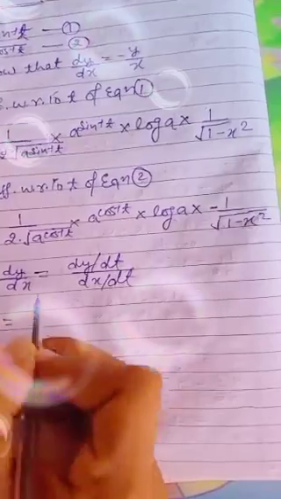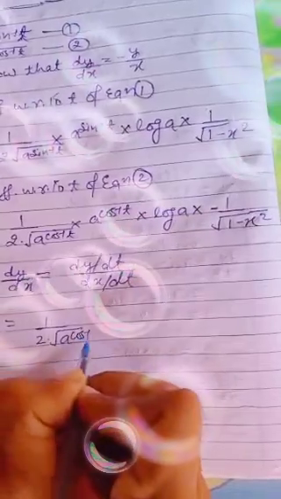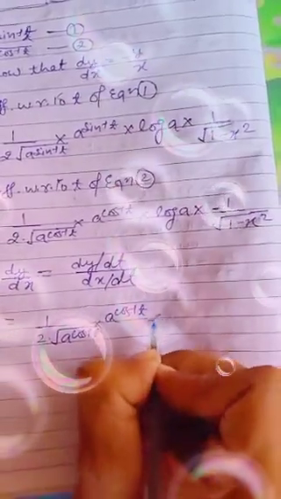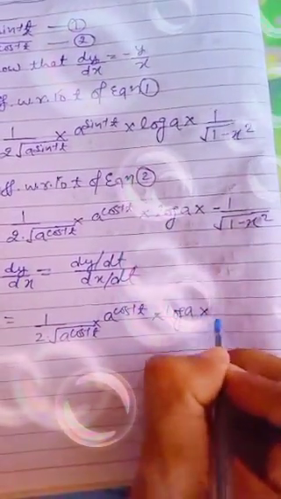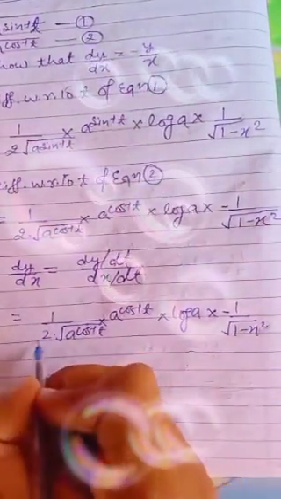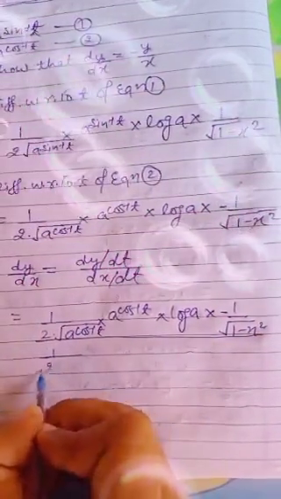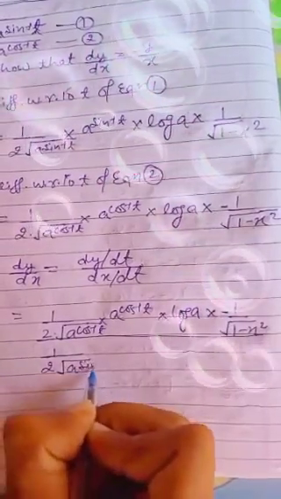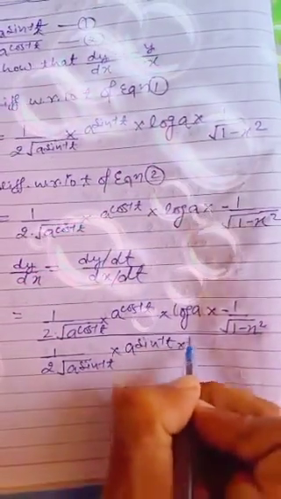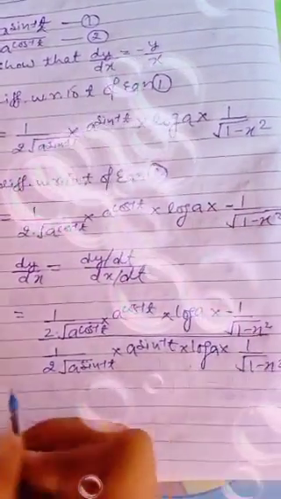Okay, so here you can write 1 upon 2 under the root a raised to cos inverse t multiply a raised to the power cos inverse t multiply log a multiply minus 1 upon under the root 1 minus x square, whole divided by this equation: 1 upon 2 root a raised to sin inverse t multiply a raised to the power sin inverse t multiply log a multiply 1 upon under the root 1 minus x square.